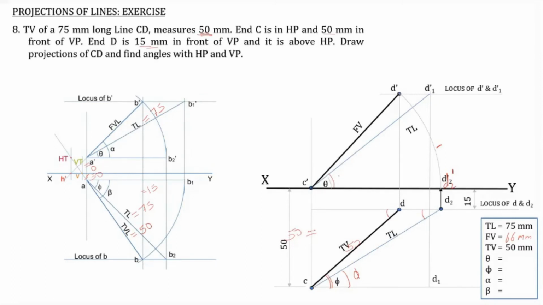Even if I draw it using scale and pencil, then obviously I'll also be having some errors. And if I use AutoCAD to draw this one, then I can say that the front view will be exactly this much value, or else I have to calculate it using the true length and then the angle. As I said, it is a function of the front view as well as the top view length. It is a trigonometric function of the true length. So that way also you can find out the exact front view length.